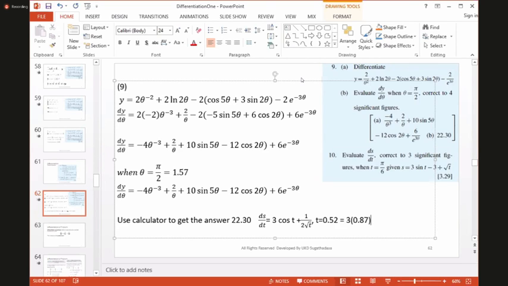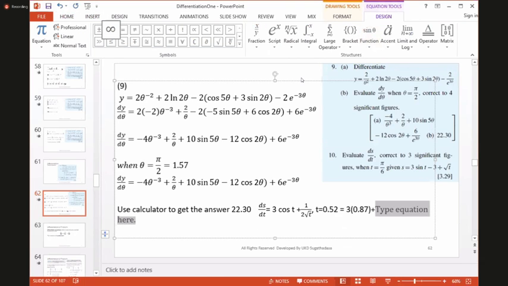And then the plus sign, is it clear? Now cos when t equals 0.52 is 0.87. Then you have to evaluate this particular function. Remember, this function you have to evaluate.